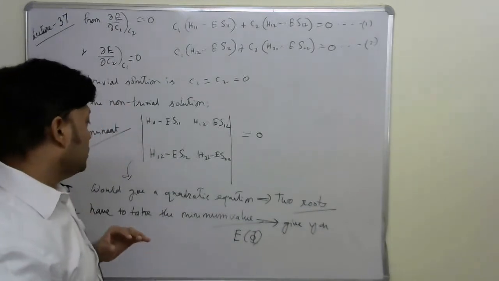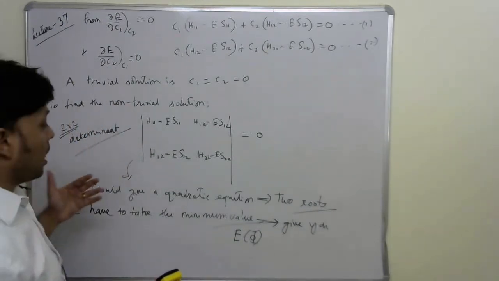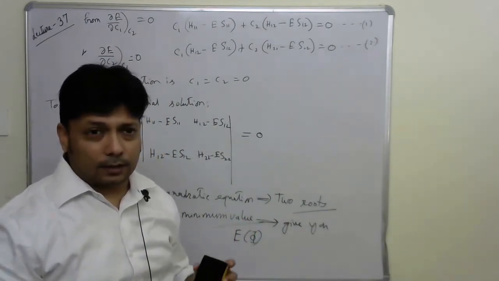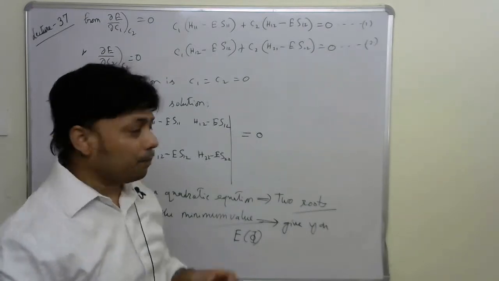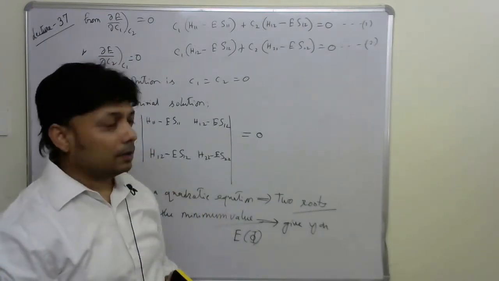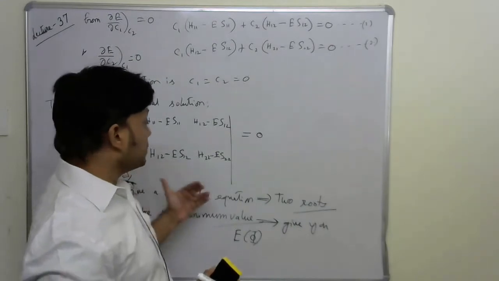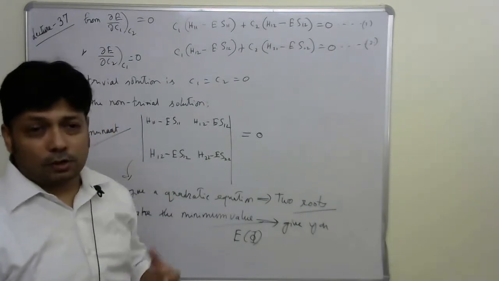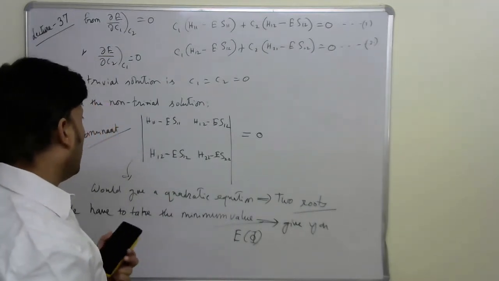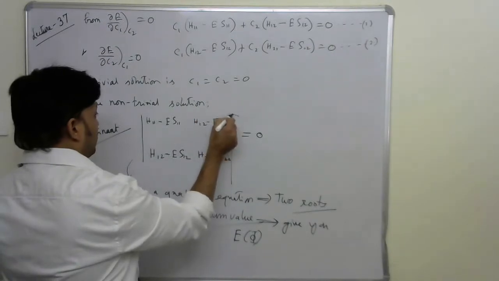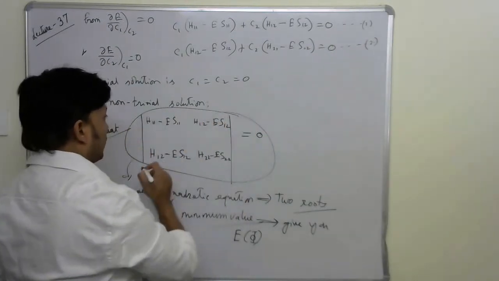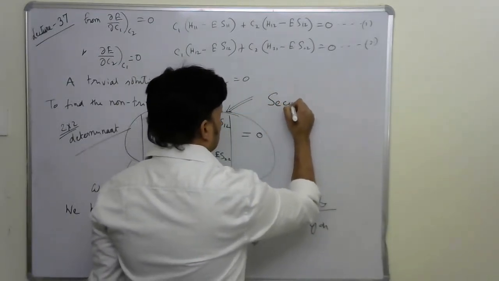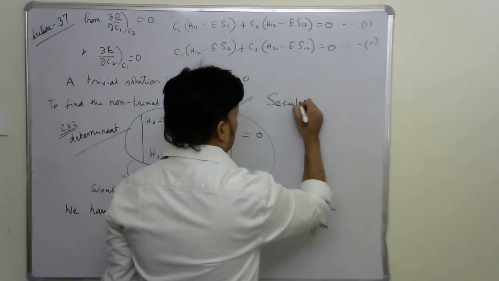So this is the general process of how we can find the energy from the variational method, and this process involves the optimization of the variational parameters C1 and C2, and the determinant that we come across here. This kind of determinant is known as the secular determinant.